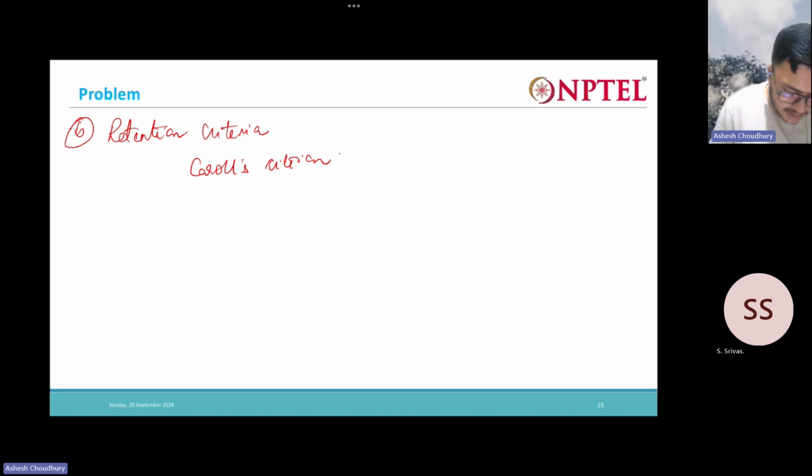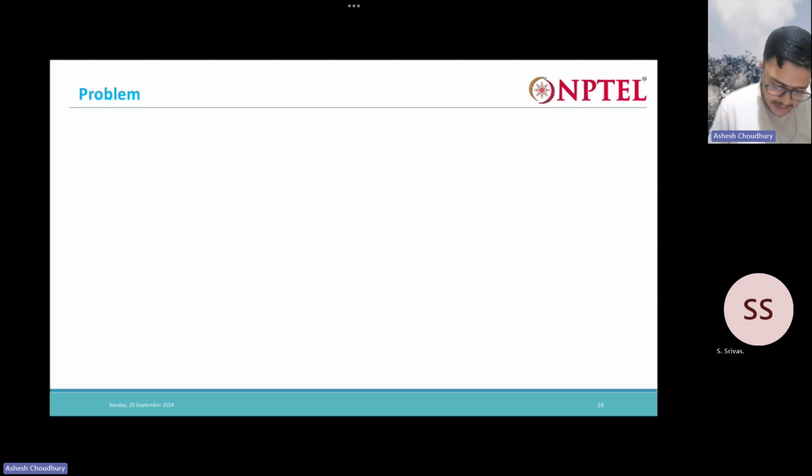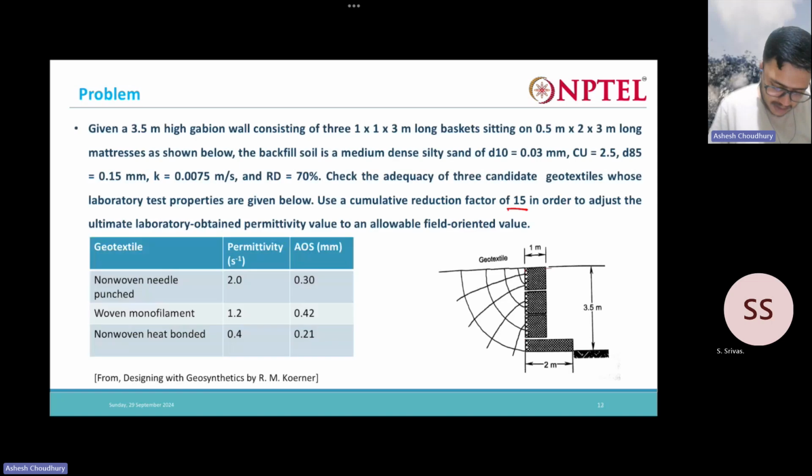Carroll's criterion says that O95 should be less than 2.5 D85. What is D85? D85 is given, right? D85 of our soil is 0.15.